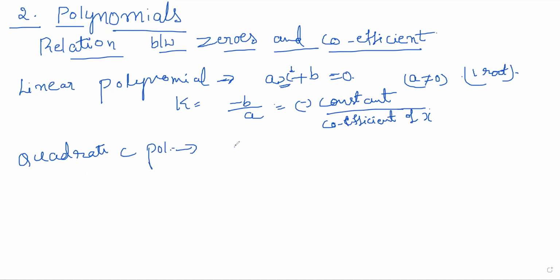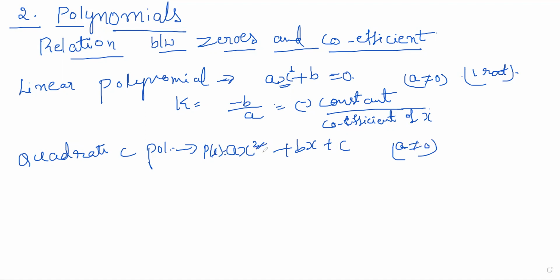Next, for quadratic polynomials, what is the standard form? ax square plus bx plus c. P of x is equal to ax square plus bx plus c is the standard form for a quadratic polynomial, where a is not equal to 0. What is the degree of the polynomial here?